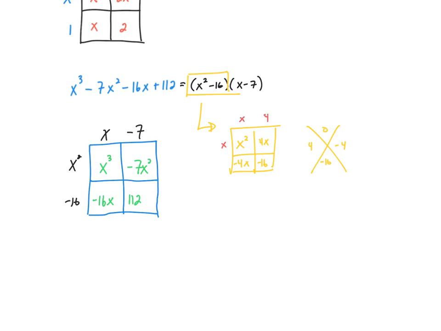We get a 4 and a negative 4. So that piece becomes x plus 4 and x minus 4. Then don't forget to bring this one back down, x minus 7.